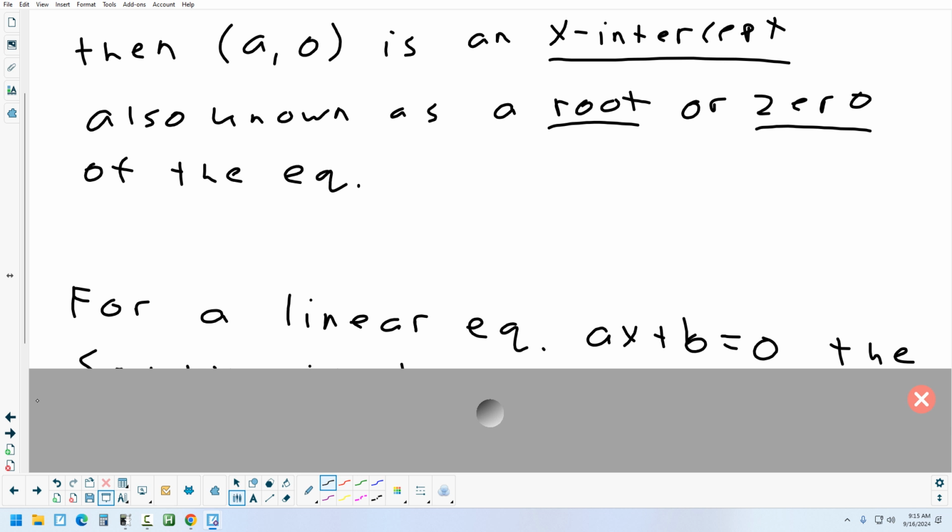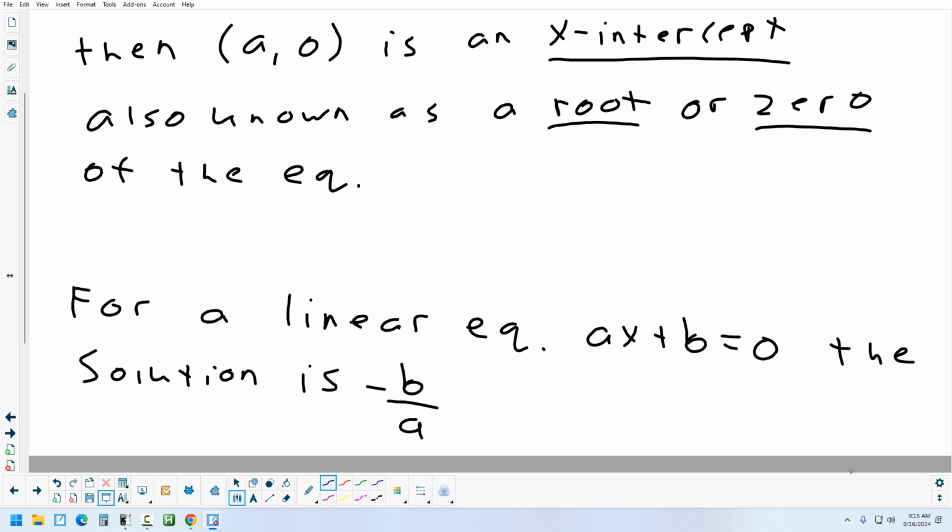Okay. Quadratic, we can solve anything because we have the quadratic formula. And linear is also very easy to solve. If you were to get x by itself here, that's a linear equation. What would be on the other side if you got x by itself? Yeah, it would be negative b over a. That's basically the solution of a linear equation.